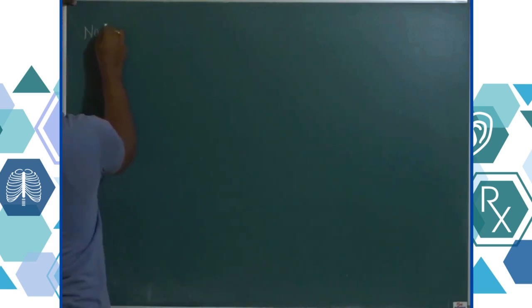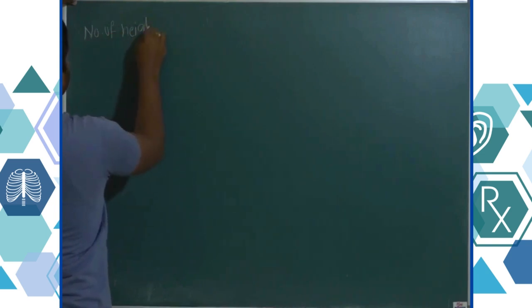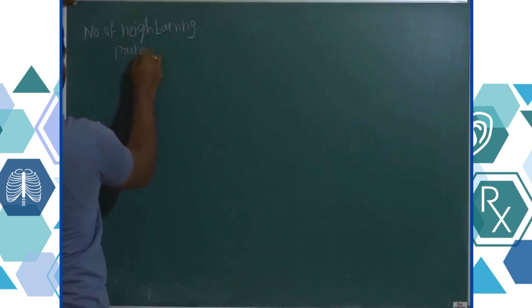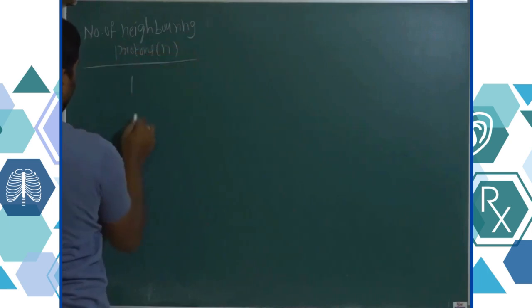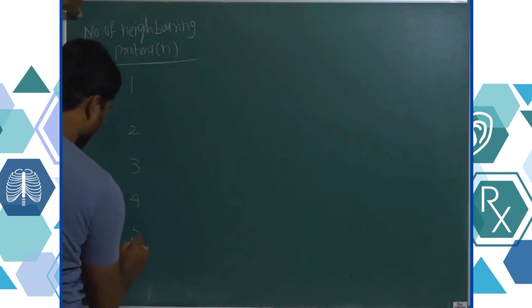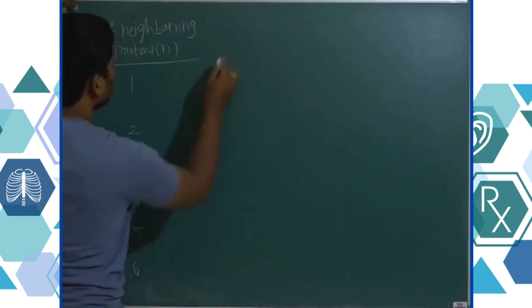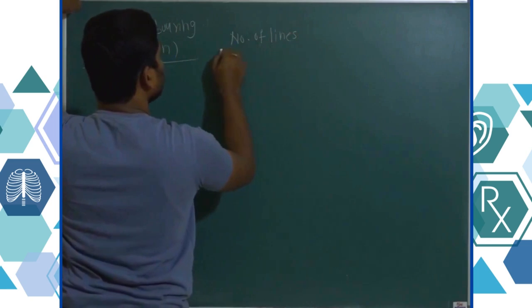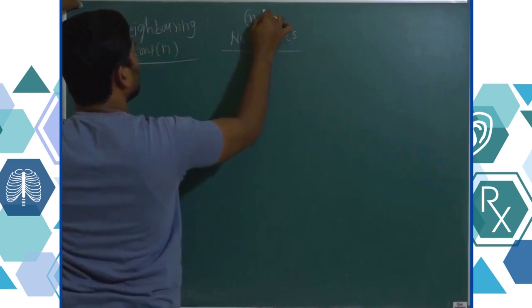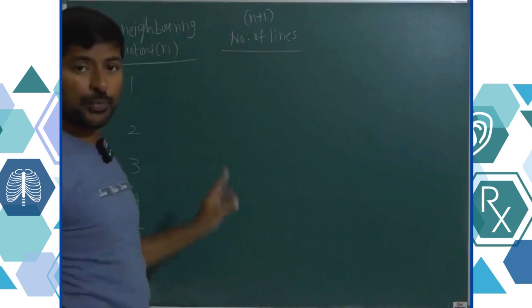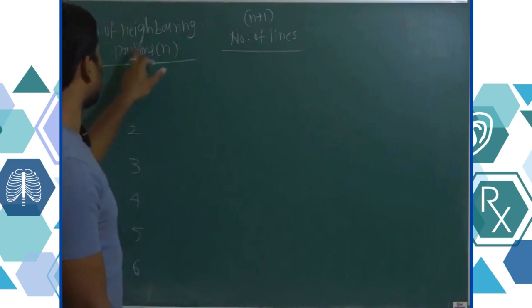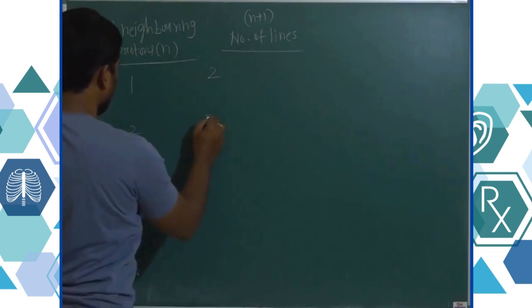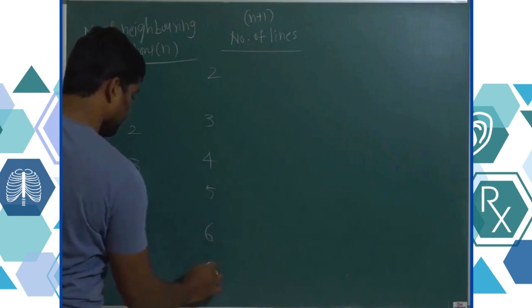If the number of neighboring protons n is 1, 2, 3, 4, 5, 6, then the number of lines in the multiplet is n plus 1, that is 2, 3, 4, 5, 6, 7.